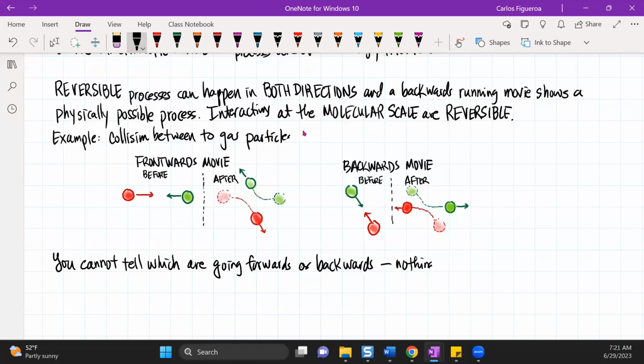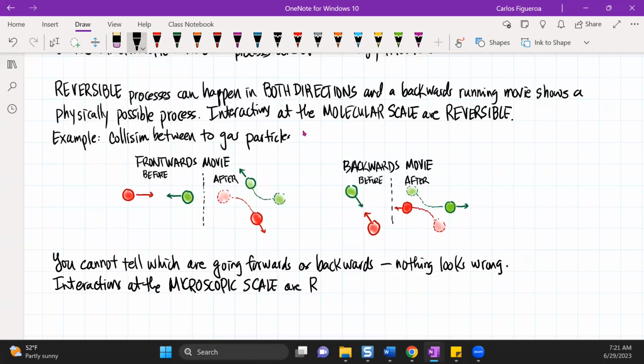Nothing looks wrong. So interactions at the microscopic scale are reversible processes.